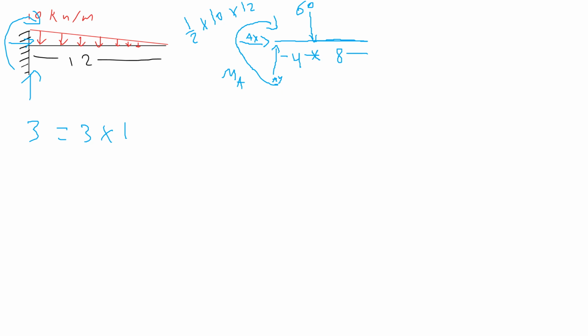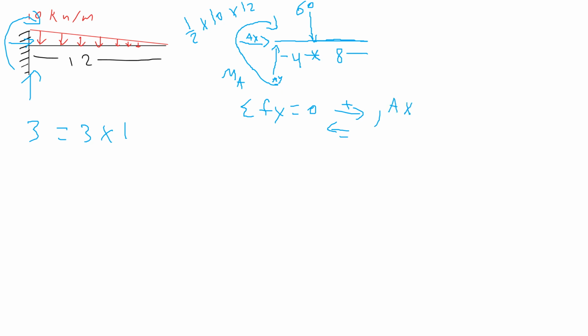So what am I having? Okay, we're gonna start solving now. So we're gonna say sigma Fx equals 0, and I'm gonna assume this is positive, and this is negative. So I'm gonna go Ax.